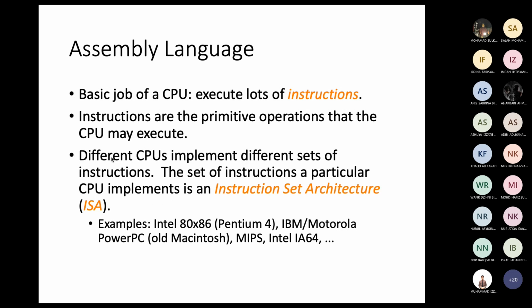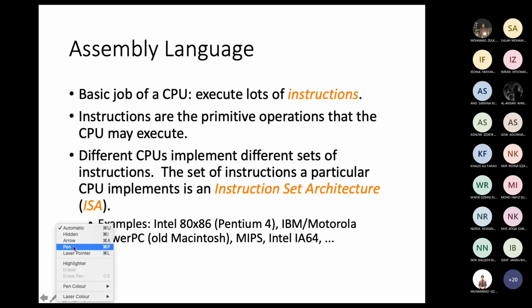So what is the basic job of a CPU? The basic function of a CPU is to execute lots of instructions. So the keyword is execute.